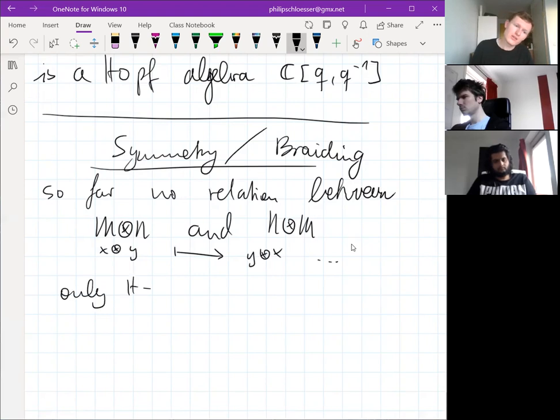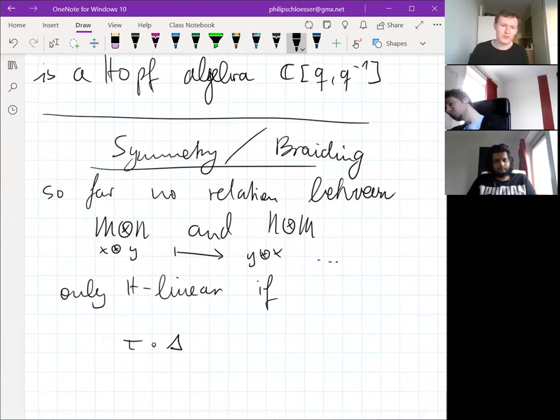We can work it out, but essentially it is H linear only if we reverse the output of delta and still get the same thing, i.e. if delta is symmetric.